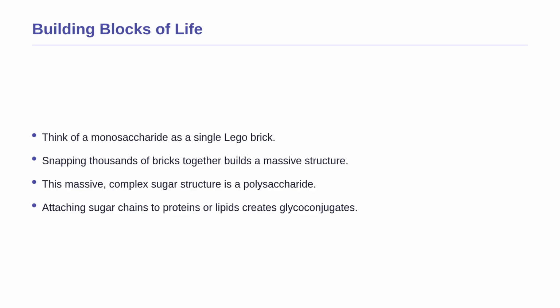Now, imagine you want to attach your Lego structure to a completely different toy, like a wooden block or a metal car, to create a hybrid toy with special features. In the biological world, attaching these sugar chains to proteins or lipids creates what we call glycoconjugates.